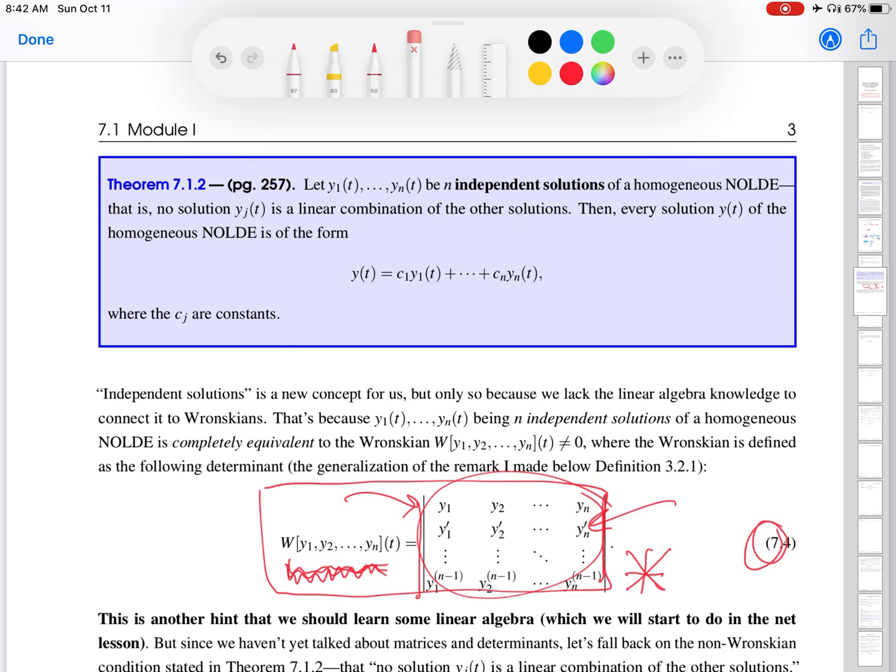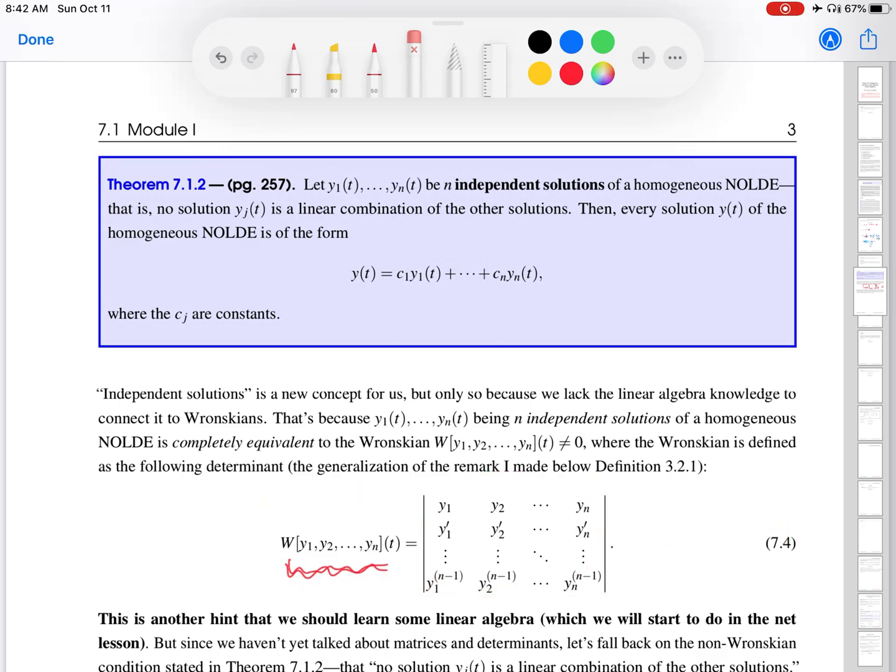That makes the solutions independent. And along with the other assumptions here, a homogeneous ODE, that gets us this general structure of the general solution to a homogeneous ODE, which is what we're after in general.